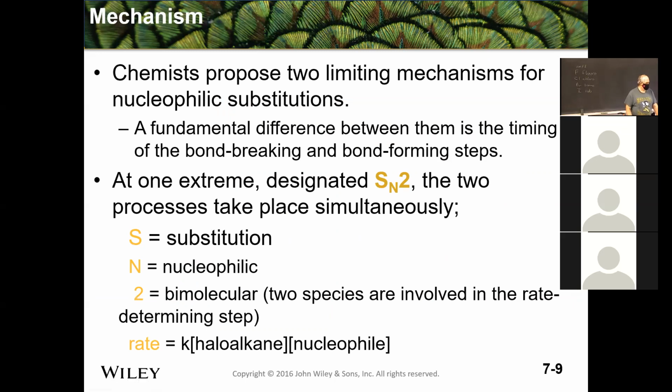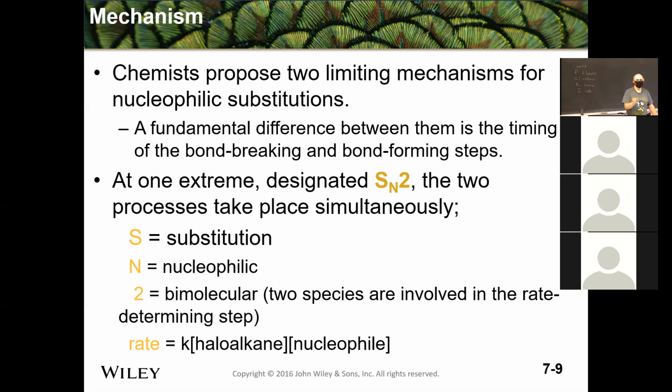All right, there are two limiting mechanisms for substitution that we'll look at. The fundamental difference between them is the timing of the bond breaking and bond forming steps. Over at one extreme, we have one that is known as SN2. And in an SN2, the two processes take place simultaneously.